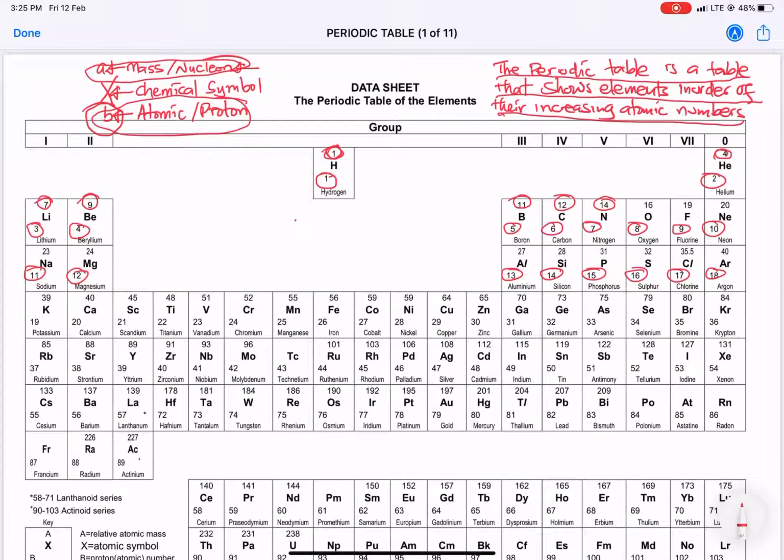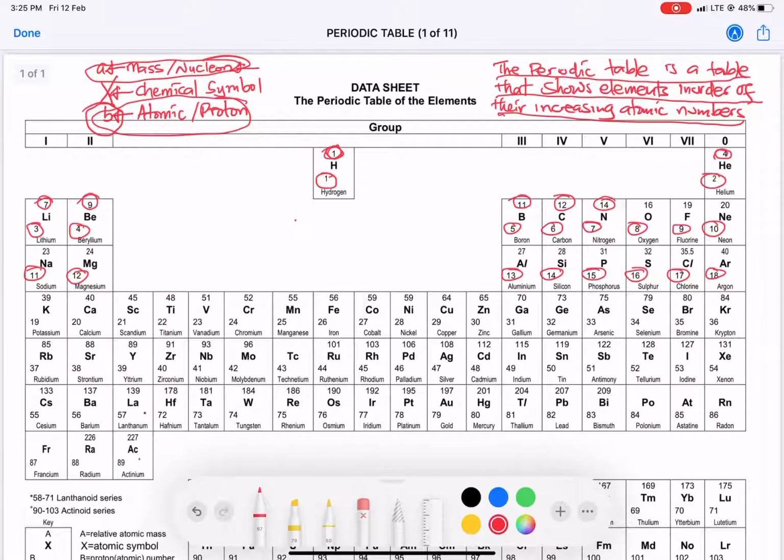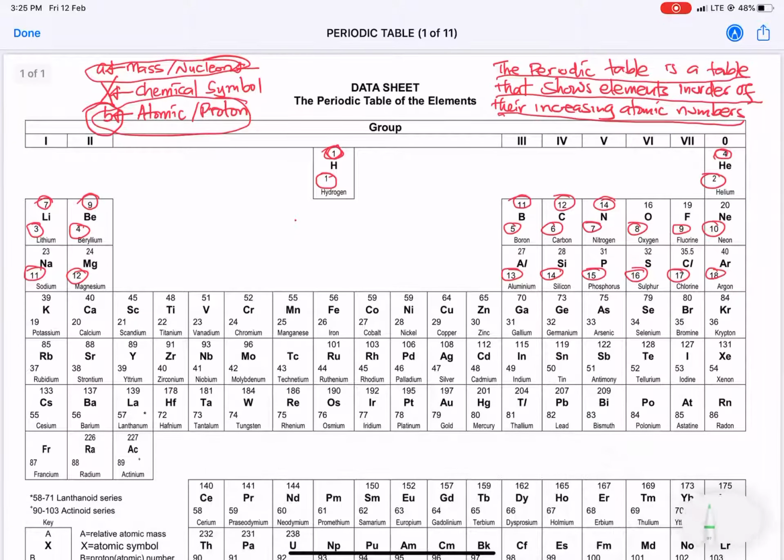The periodic table has got what we call periods and groups. Okay, so what are periods? So periods are the horizontal rows.